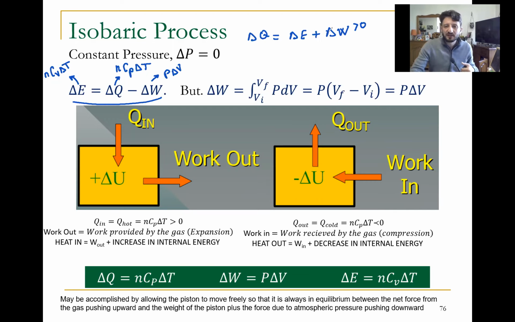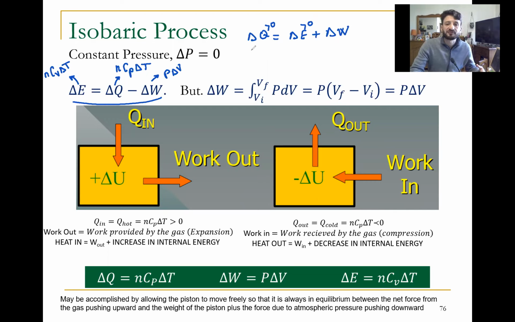Or we can say the opposite: if we add Q, so Q is positive, you must have a positive delta E. If Q is positive, delta E is positive. If Q is negative, delta E is negative. So if dQ is positive, delta E must be positive.